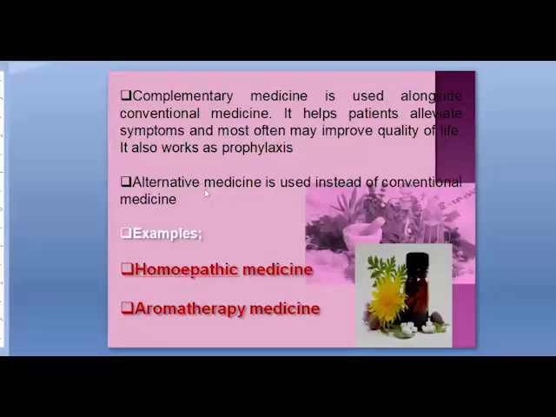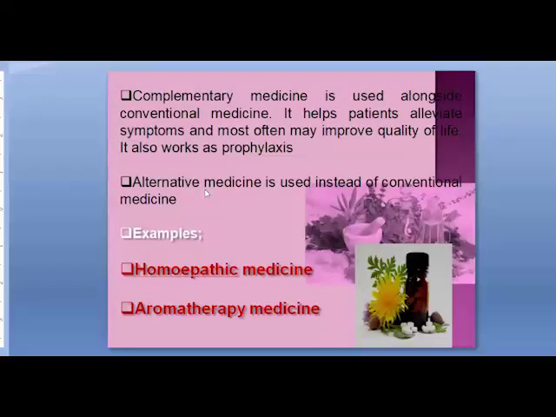So complementary medicine is used alongside conventional medicine. This we have already looked at. It helps patients alleviate symptoms and most often improve the quality of life. So from the types of medicines that we have looked at, we have established that most of these complementary and alternative medicine usually deal with non-communicable diseases, and a few infectious diseases, obviously, and they do work as prophylaxis.